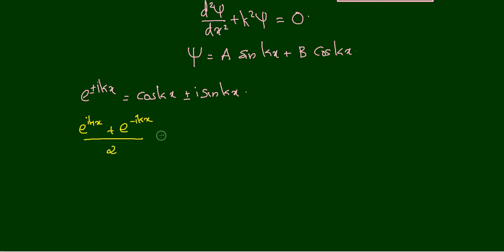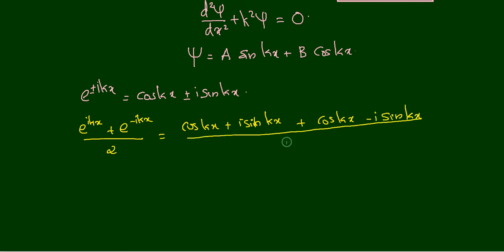That is equal to cos kx plus i sin kx, plus cos kx minus i sin kx, divided by 2, which is 2 cos kx, because the i sin kx and minus i sin kx will be cancelled.